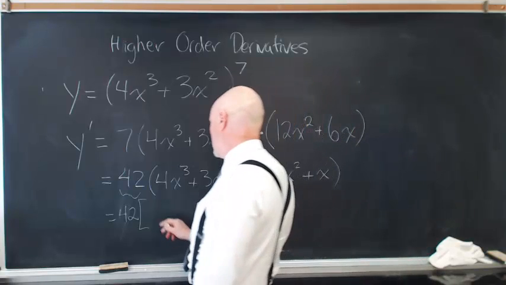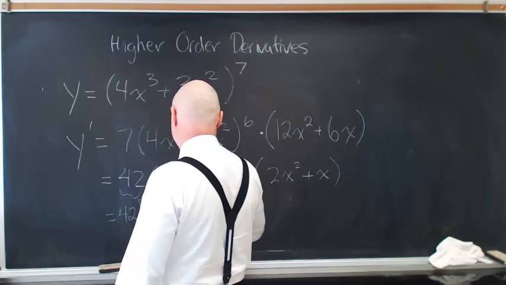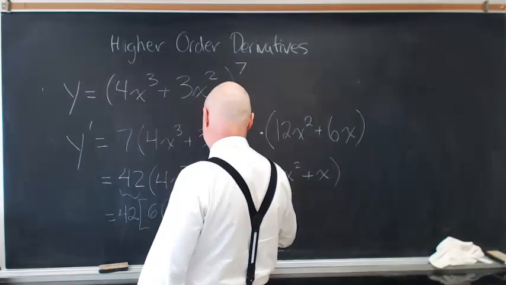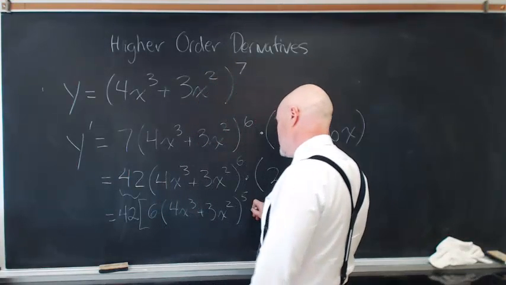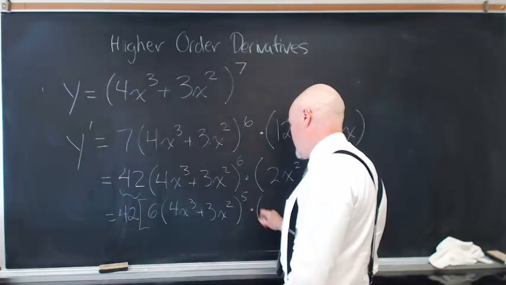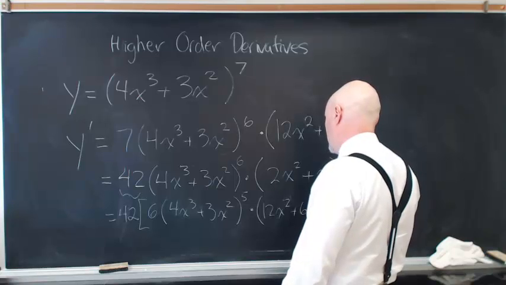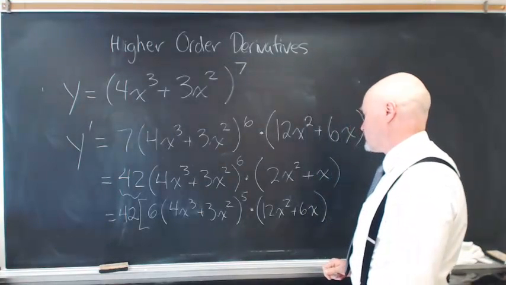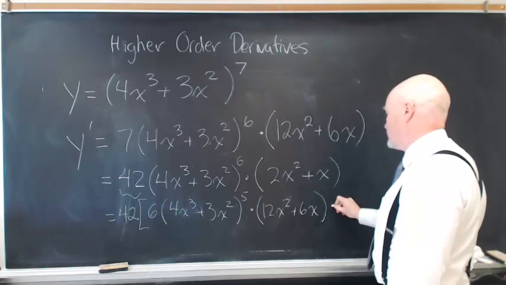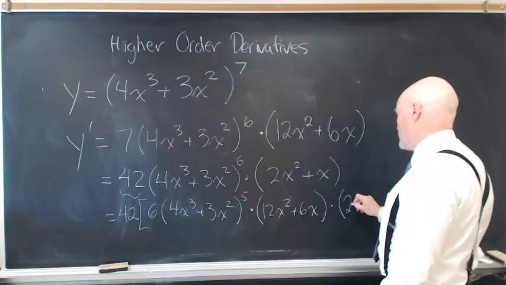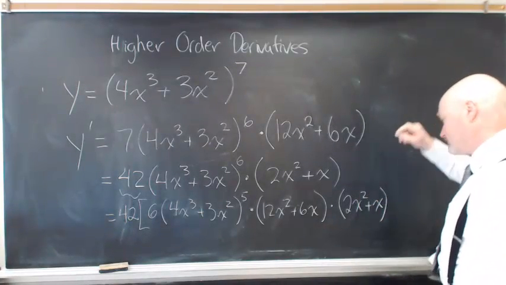So derivative of the first, so 6 times 4x cubed plus 3x squared to the exponent 5. Now we have to do the derivative of the inside: 12x squared plus 6x. Oh man, that is really terrible. Derivative of the first times the second. Wow, I'm going to run out of board.